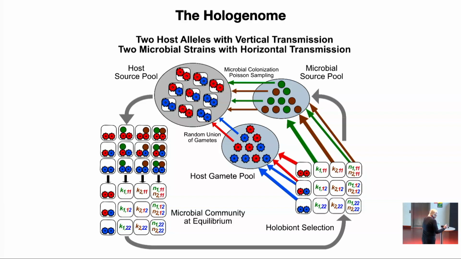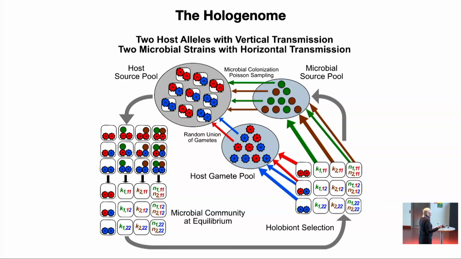Now it gets into evolution and the notion of the hologenome. If we have two alleles, which are indicated here as gears, allele 1 and allele 2, and two types of algae, that gives rise to 12 possible hologenotypes.